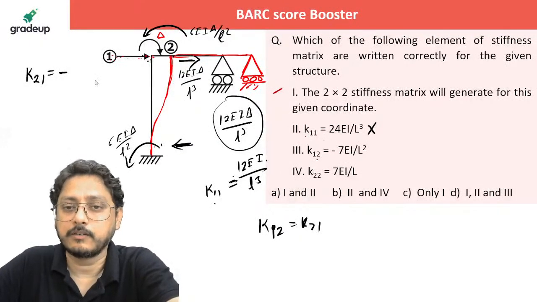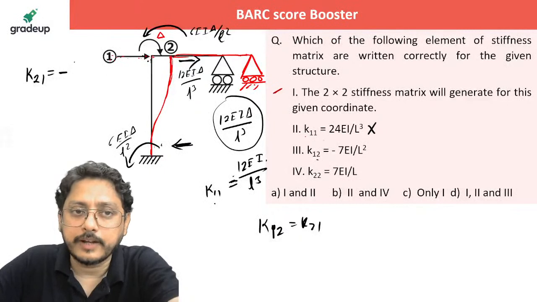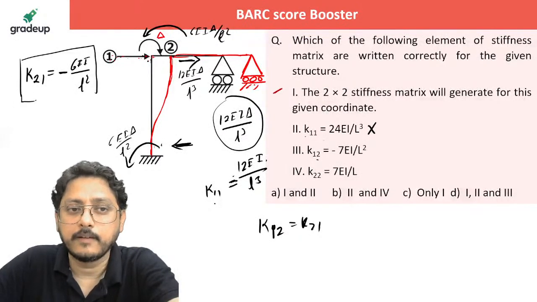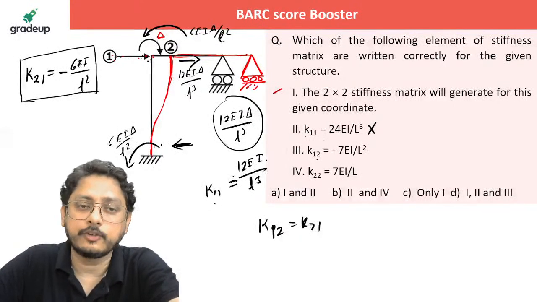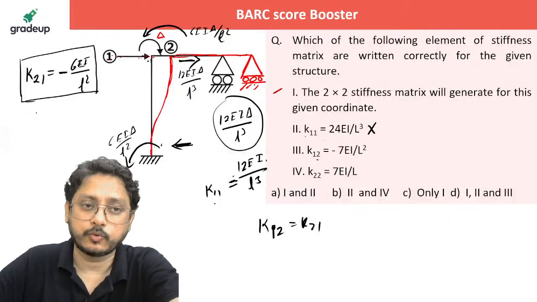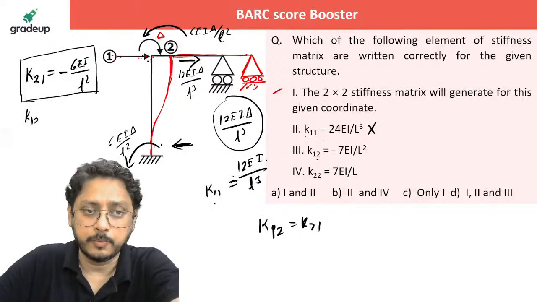The value is 6 EI, delta is already 1 by L square. So K21 is minus of 6 EI by L square, and K12 also will be minus of 6 EI by L square as per Maxwell reciprocal theorem.